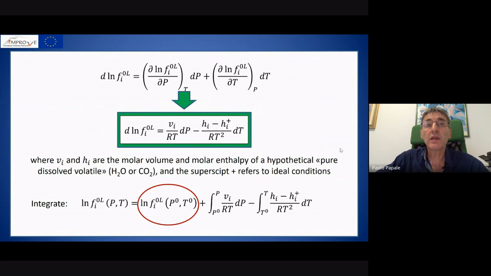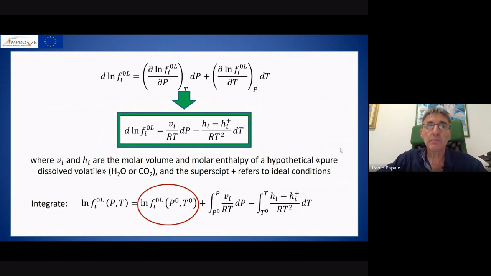Thus, if we are able to find an equation of state to use within this equation at the bottom, the same equation will tell us how the fugacity of the reference state varies as a function of pressure and temperature from some constant value defined at some fixed pressure and temperature. It may seem a bit tricky if you are not much used to thermodynamic modeling, but that's how it works.